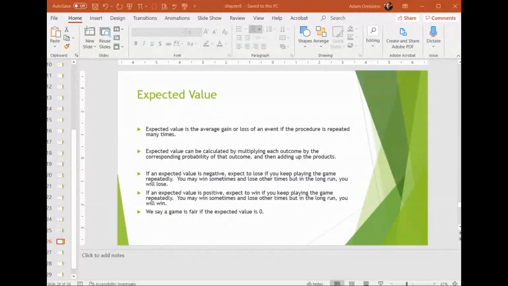When I say outcome, I mean some money that occurs. So an outcome would be you gain $1, and then you ask what the probability is that this happens. Another outcome could be you lose $10, and you find the probability that that happens. Then you multiply each outcome by its probability and add up those products. That's what the expected value is. So I guess we'll stop here.